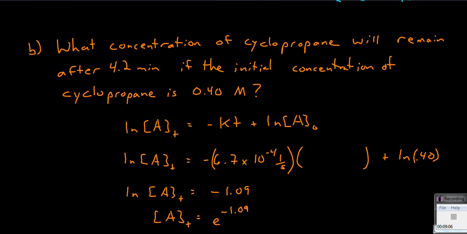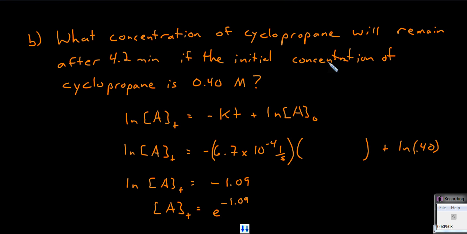And so we say, what is the concentration of cyclopropane that will remain after 4.2 minutes if the initial concentration of cyclopropane is 0.40? So what will be the concentration at a given time, AT, given all the other information?